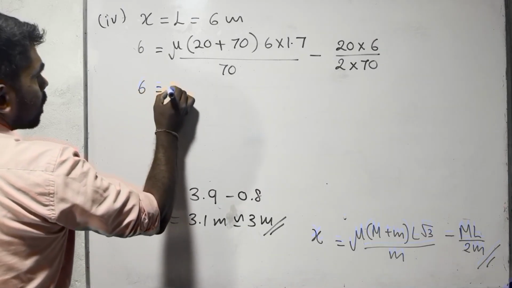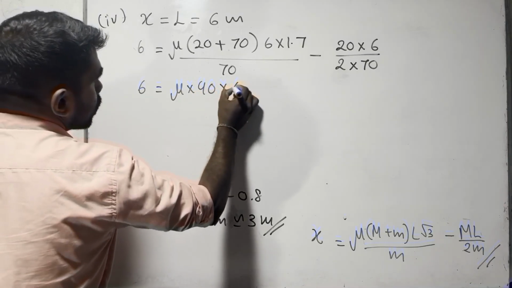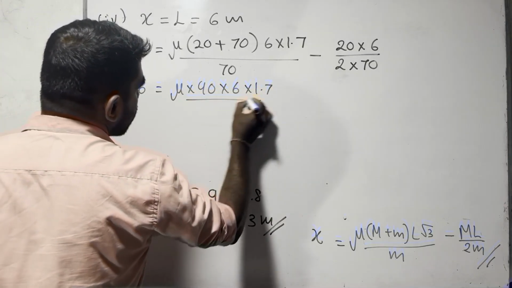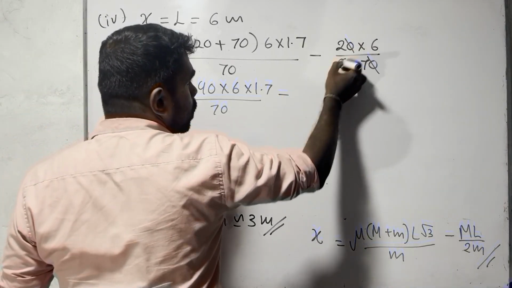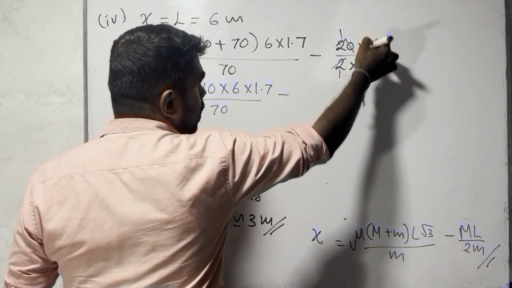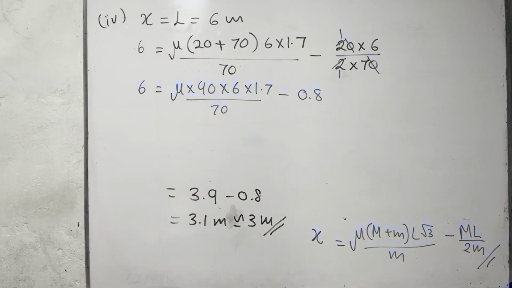6 equals mu into 20 plus 70, 90, into 6 into 1.7 divided by 70. We can cancel out 0 and 0. 2 divided by 2, 1. 6 divided by 7 we have obtained in the previous calculation. It is 0.8.